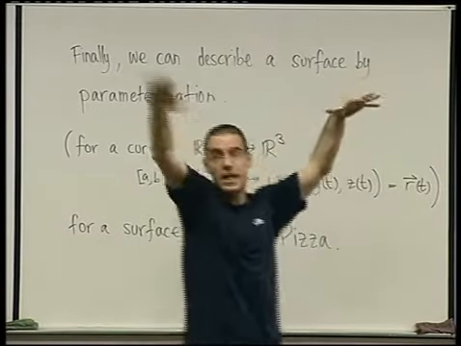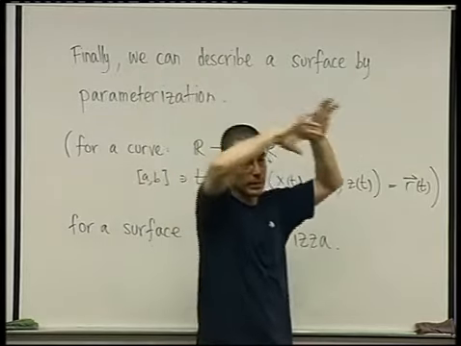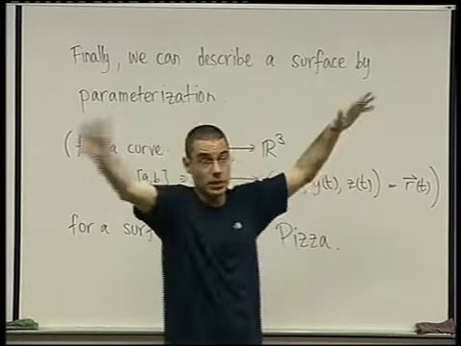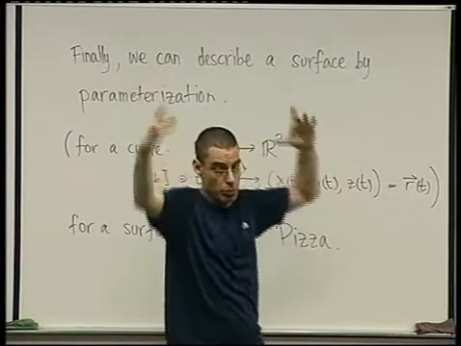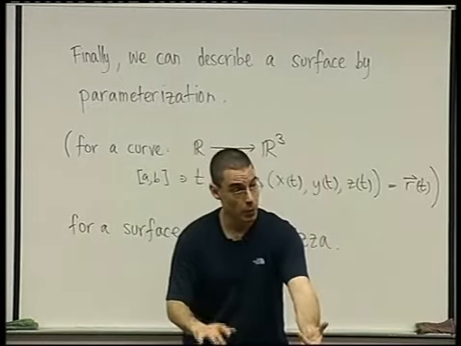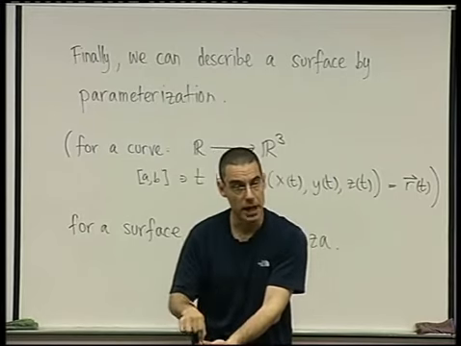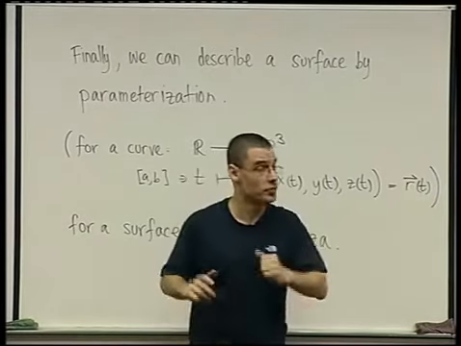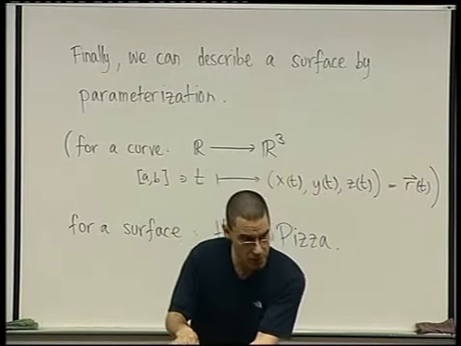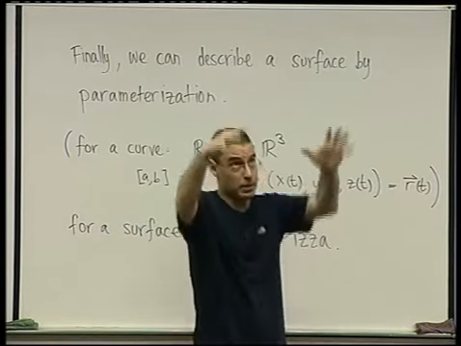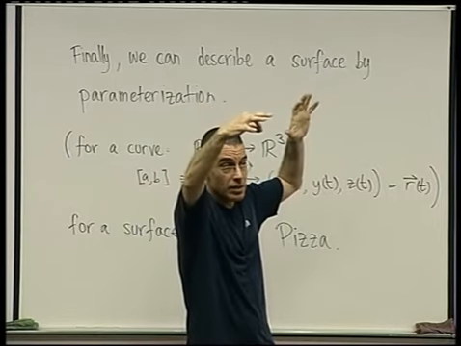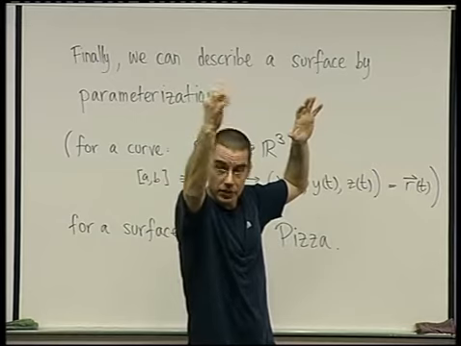And when it's sitting up there, it's a surface, okay? And how does this surface up here, the dough when it's sitting up there, relate to what was originally on the table before he lifted it up? Well, every point down in the domain, xy, or we're going to call it uv, that's the standard, every point uv down in the domain now lives up here in three-dimensional space at some point x of uv, y of uv, z of uv.